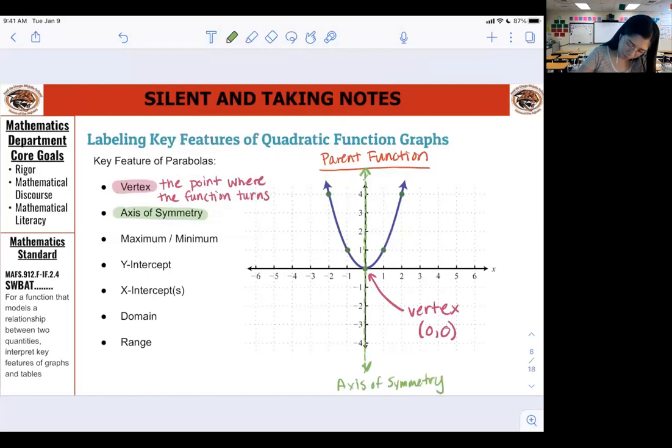So one more time, that's the vertical line that passes through the vertex. And again, super important that you write down not just the definition, but also label it on the graph.